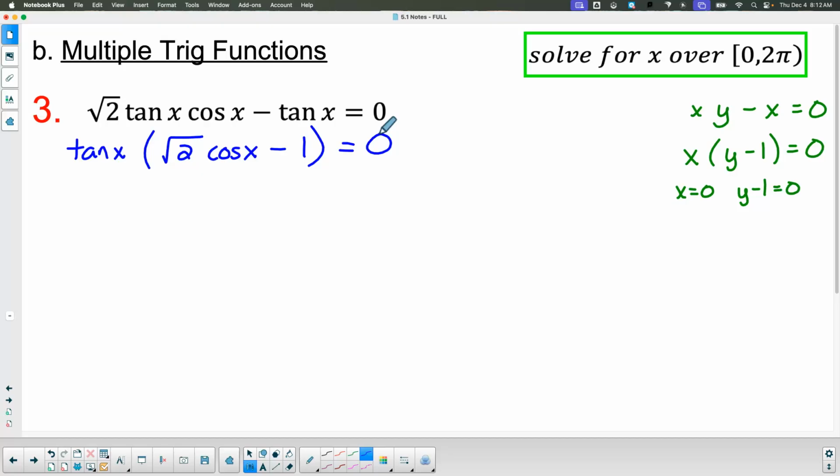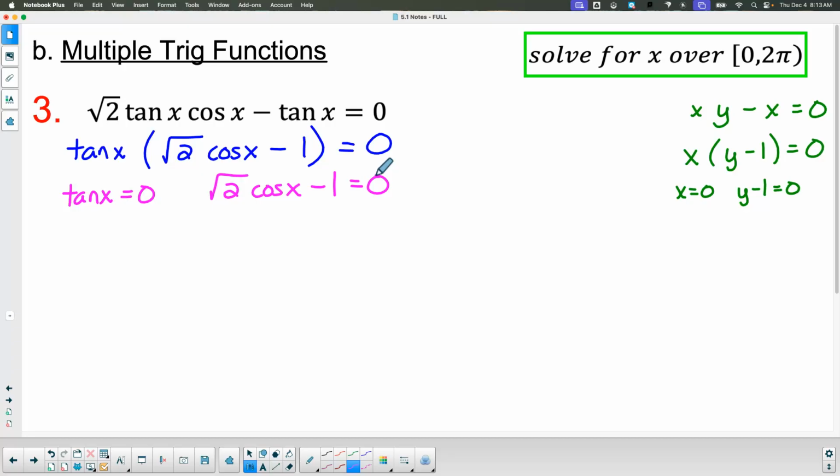Okay? Now that I've got it equal to 0, and that's the key, Connor, why we didn't move that x over to the other side, because we can't put the factors equal to 0 if it's not equal to 0. Okay? So now I'm going to say tangent of x, let's go pink. I'm going to say tangent of x has to equal 0, and the square root of 2 cosine of x minus 1 has to equal 0.